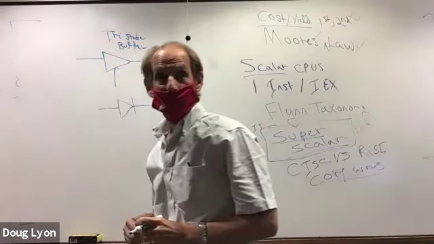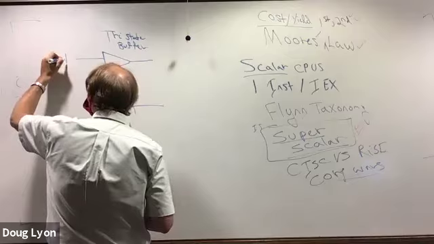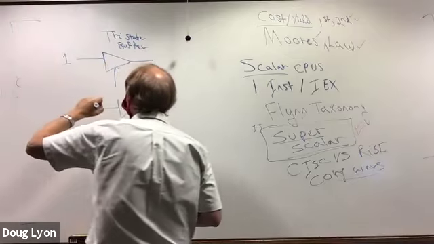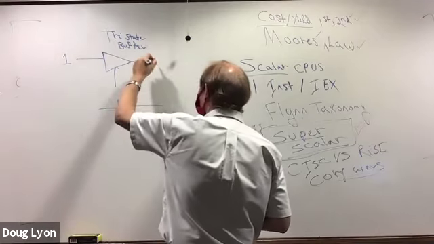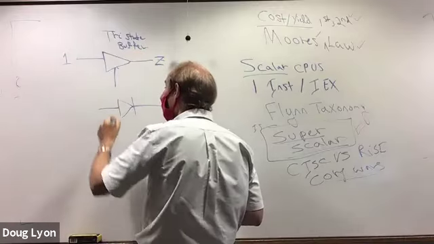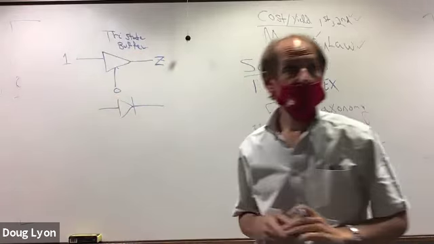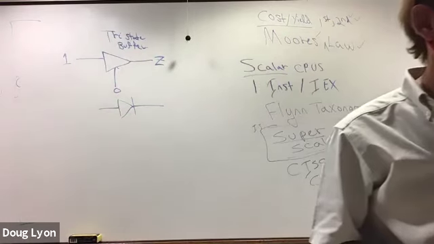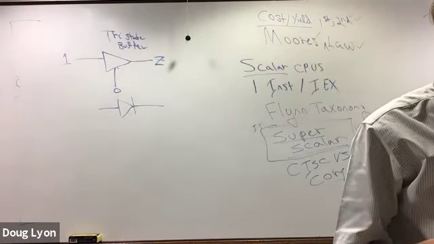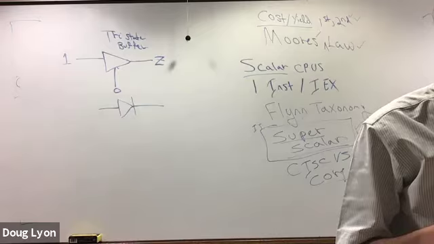The tri-state buffer can have its input asserted as 1, and yet its output can be left in a high impedance state if it's turned off. This is a very valuable thing, because if you have a bus, you have to choose what is able to drive that bus.